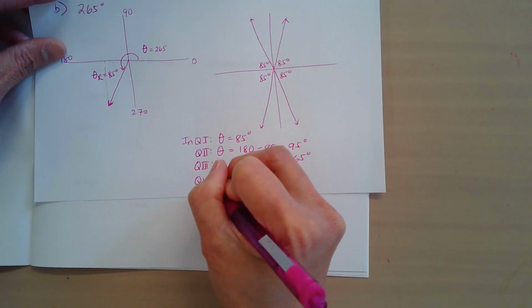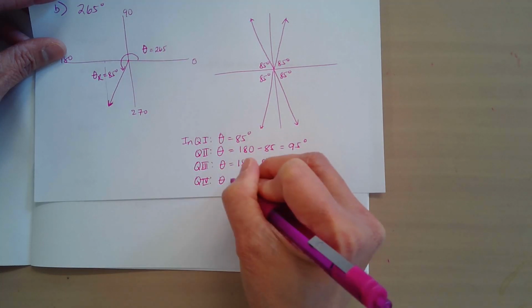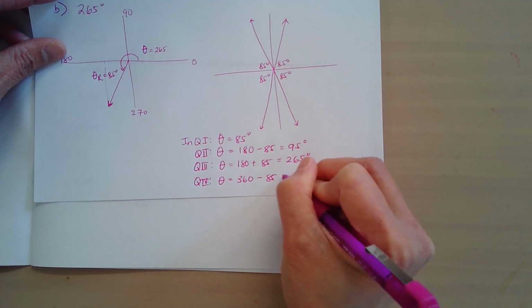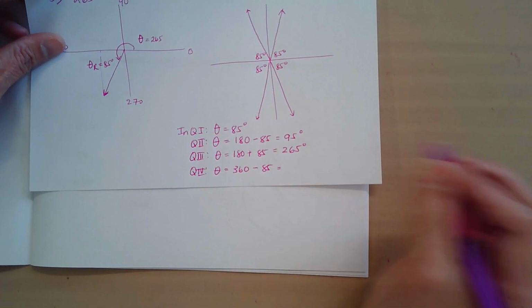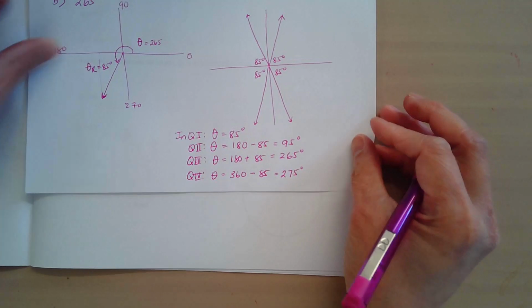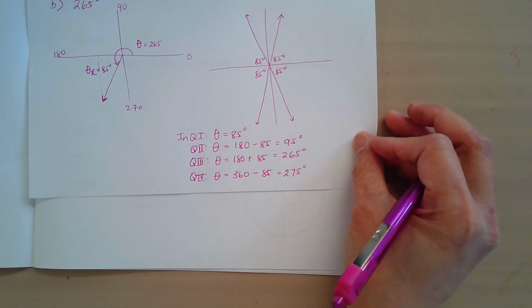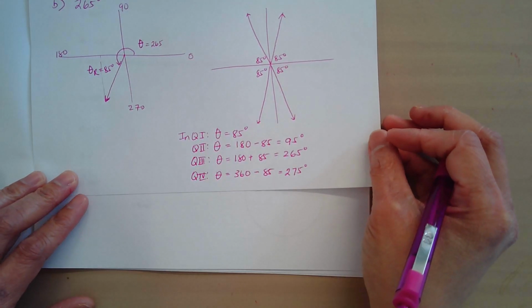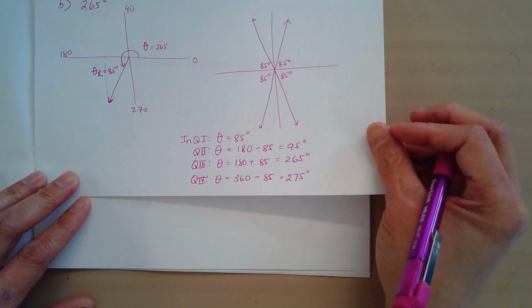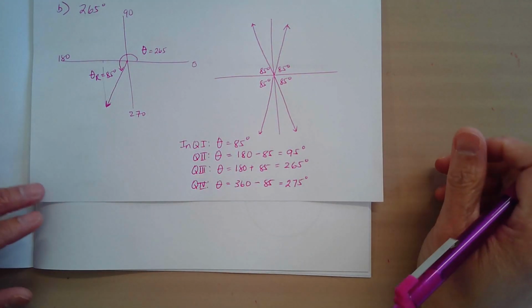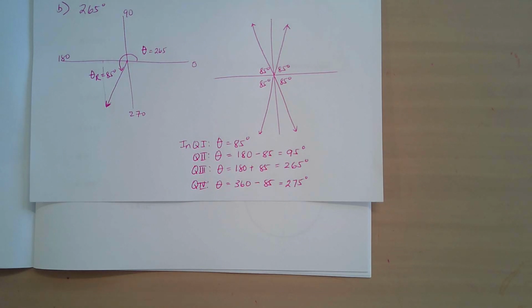And finally in quadrant 4, it's going to be 360 minus 85, 275 degrees. Is that okay? So far so good? Any questions here? You okay?